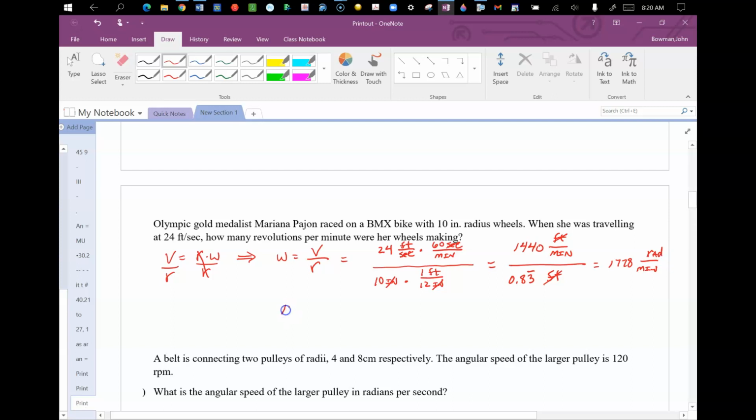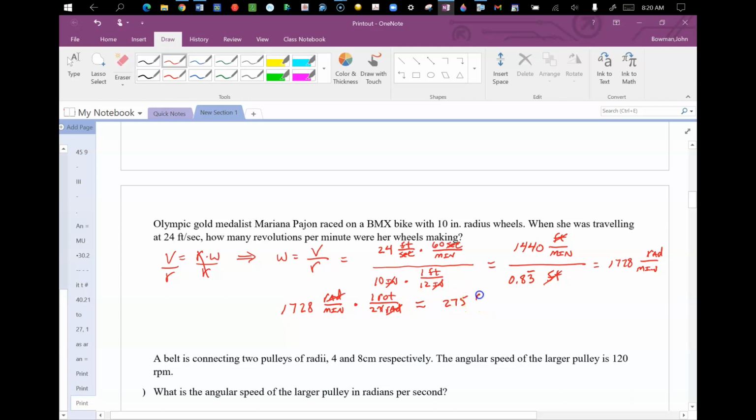So we're going to take that number, 1,728 radians per minute, and we're going to multiply it by the conversion factor, which is 1 rotation for every 2 pi radians. And you will see the radians units cancel out. So we're basically going to take our 1,728 and divide it by 2 pi. And when you divide that by 2 pi, you get an answer of 275 rotations per minute.